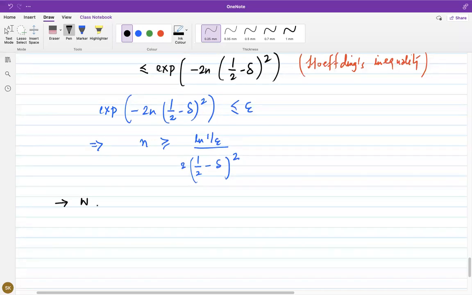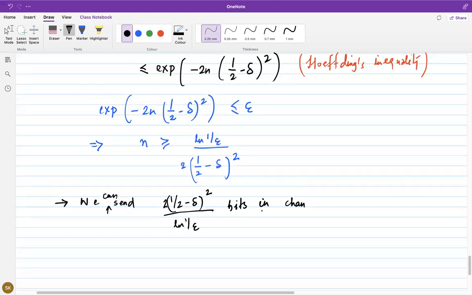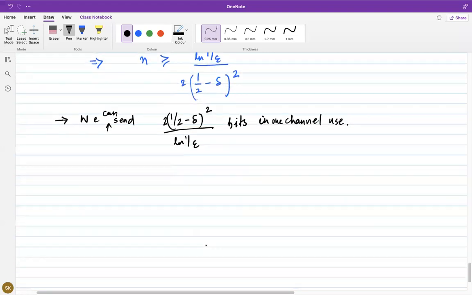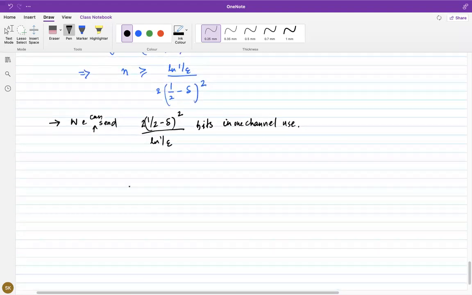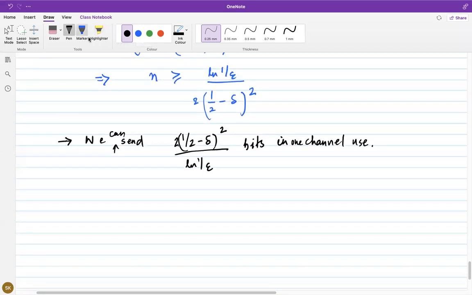And so we say that we can send just the reciprocal number of these, that is, these many bits per channel use.